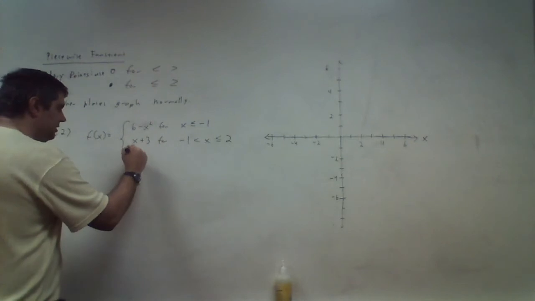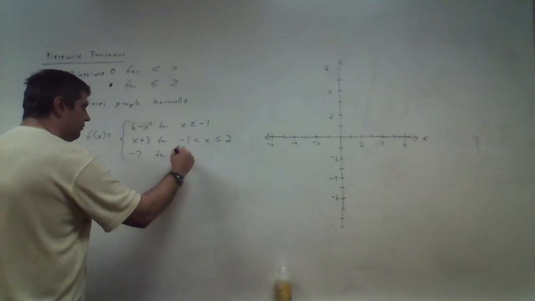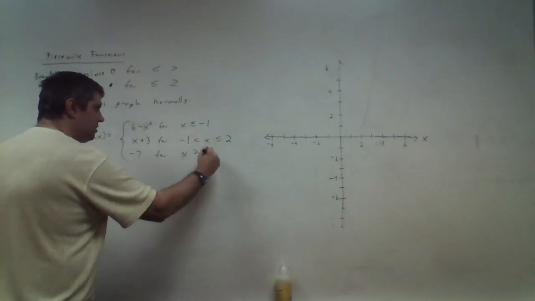And then it's just negative 7 for x is greater than 2.